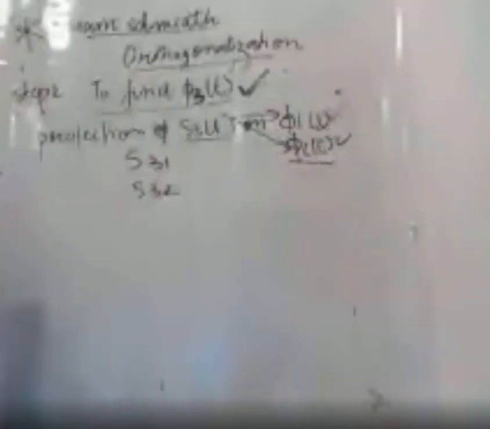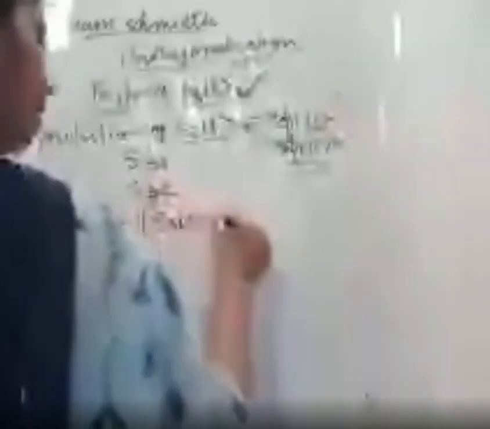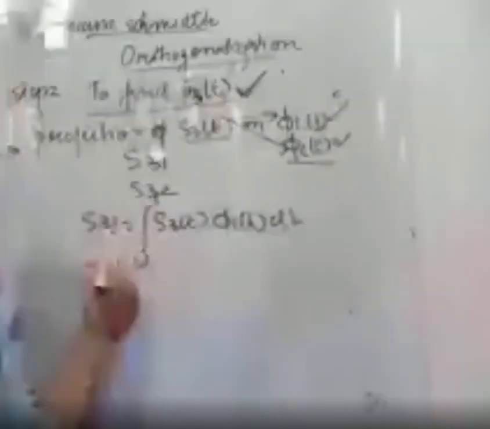Next step on the projection equation, S31 it's nothing but 0 to t S3 of t into phi 1 of t, and S32 is S3 of t into phi 2 of t.